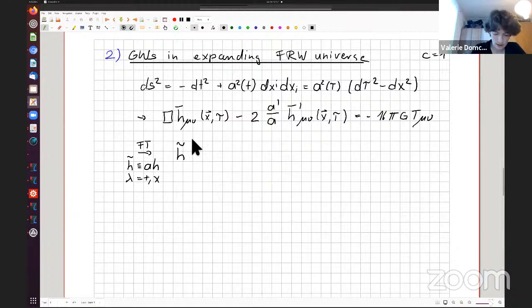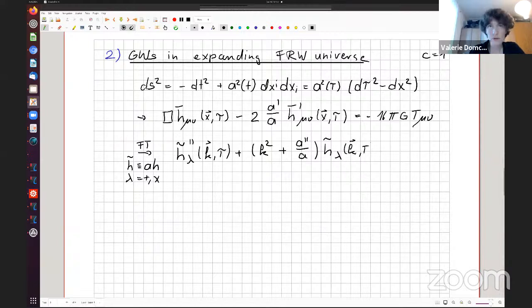So the equation you get is h tilde double prime, which comes from the box operator, plus a k squared term, also from the box operator, minus a double prime over a, times h tilde lambda of k and tau.